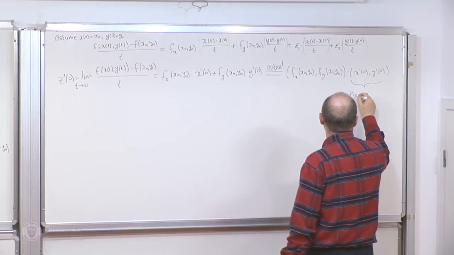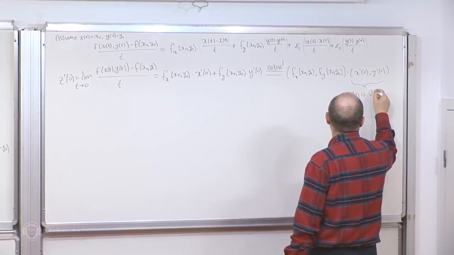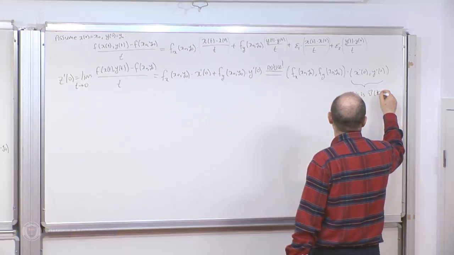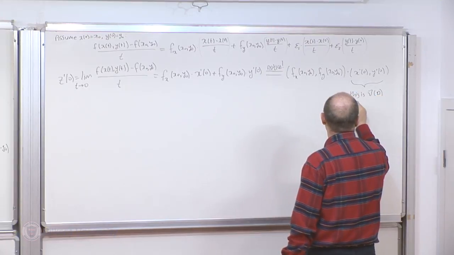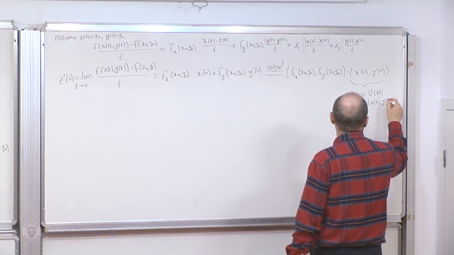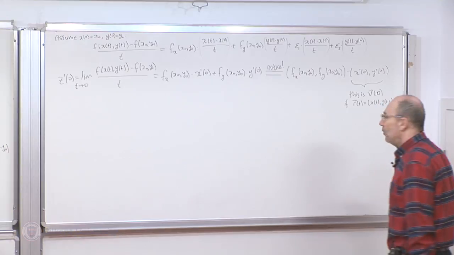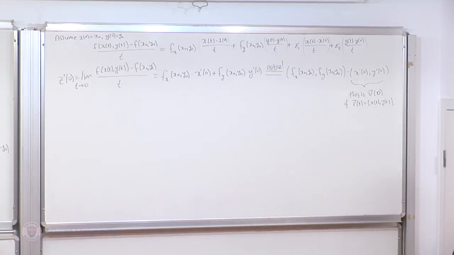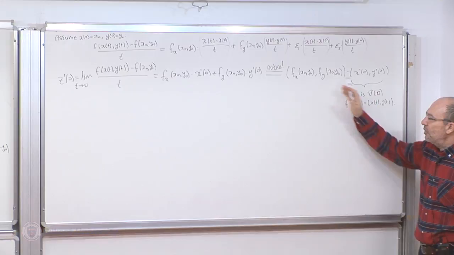This is the velocity vector at t equals 0 if the position vector is equal to (x(t), y(t)). We'll come to the meaning of this and consequences of this later today. But at this time, we just noticed that it is already here. But at this moment, we are interested in this equality.